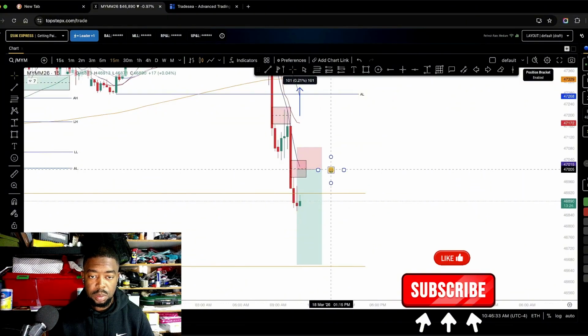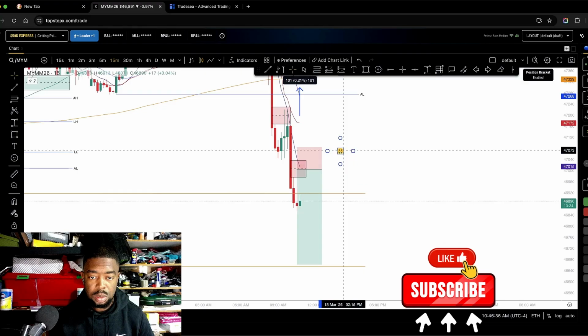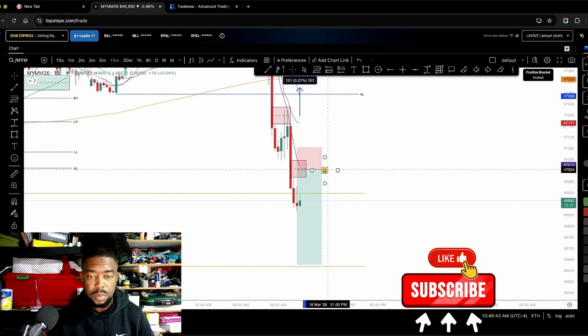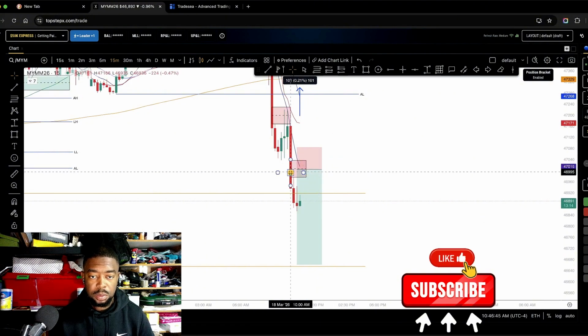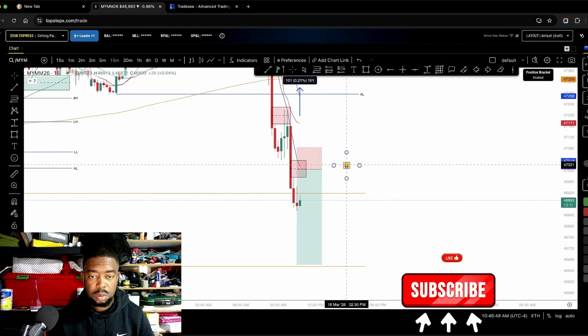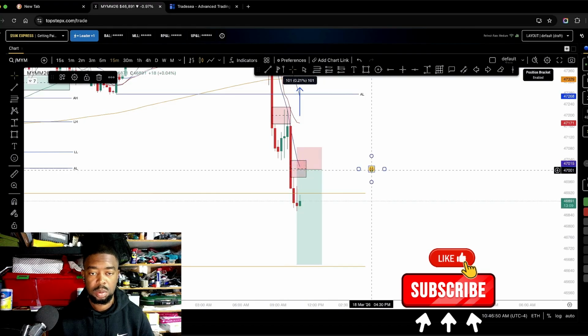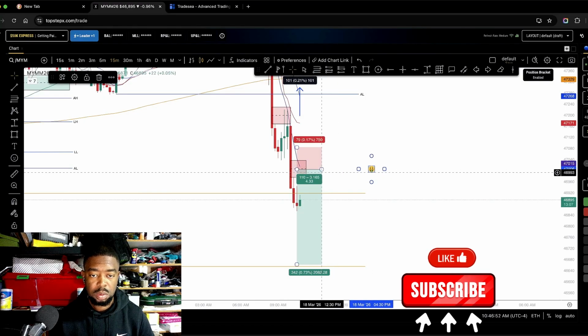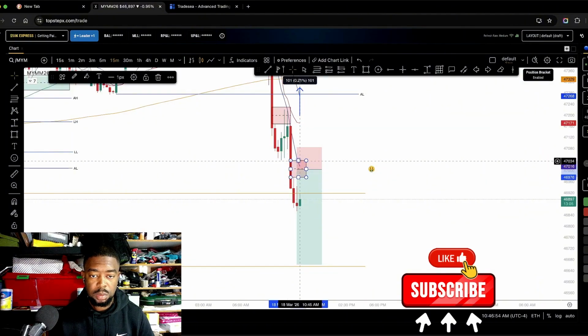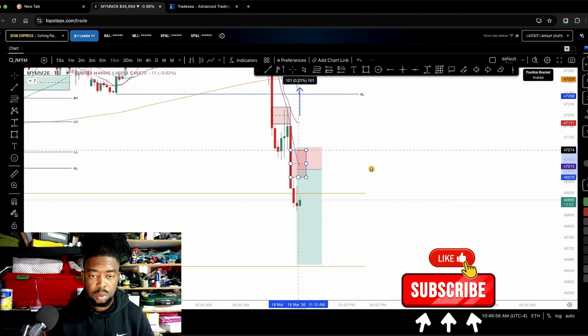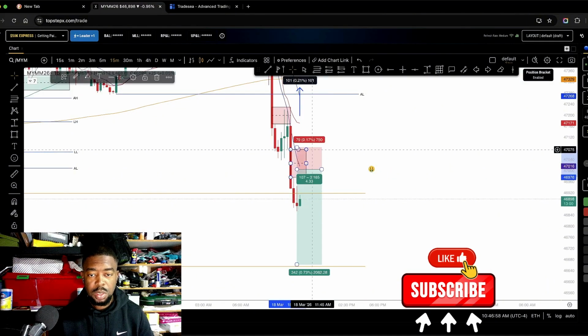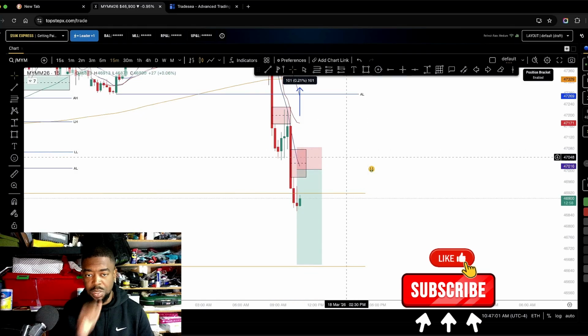Go right back up in there and see on the 5-minute, that gap is smaller. On a 15-minute, we'd actually have to be up here.